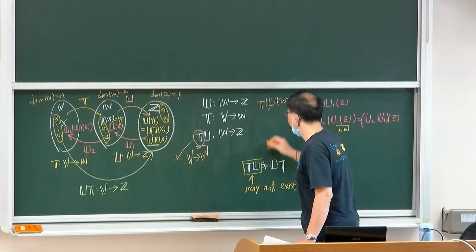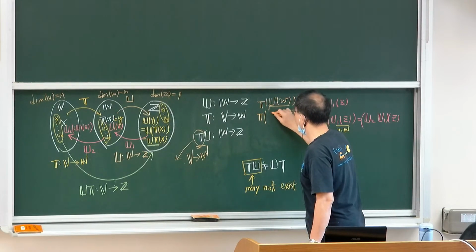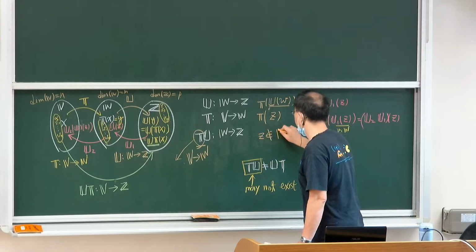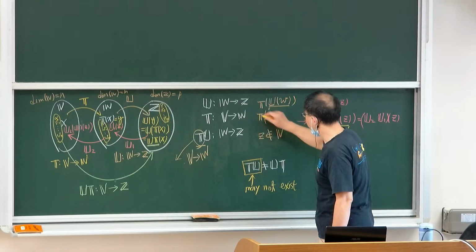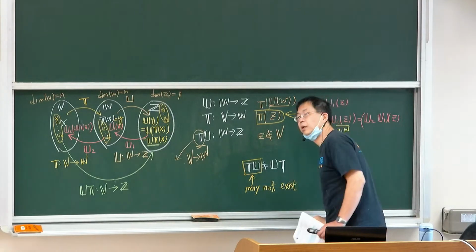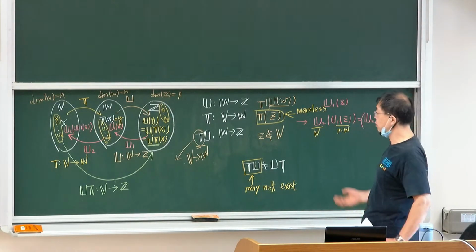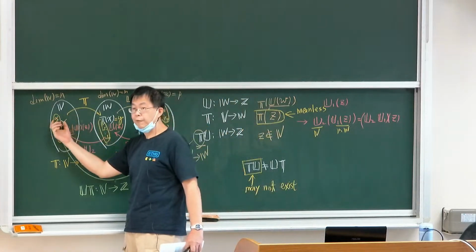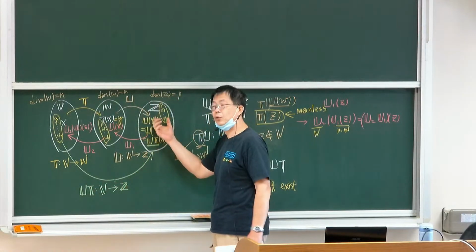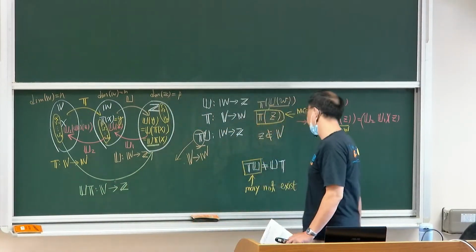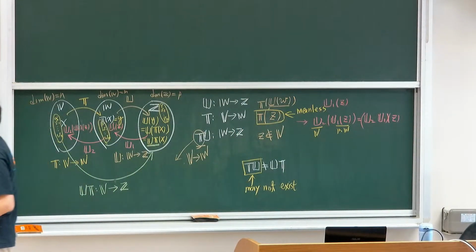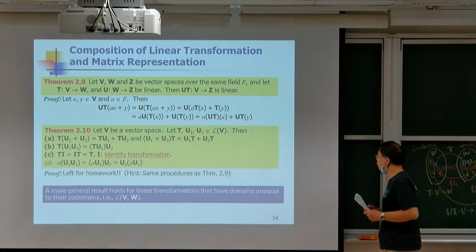Okay, so UW is in Z, but Z does not belong to V. So this kind of transformation is meaningless, because T transforms only vectors in V to W. So it will not transform any vector from Z to any other vector space. So TU may not exist. So it's not commutative. So we have to know that.